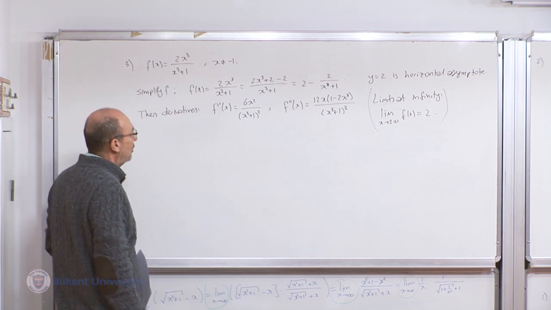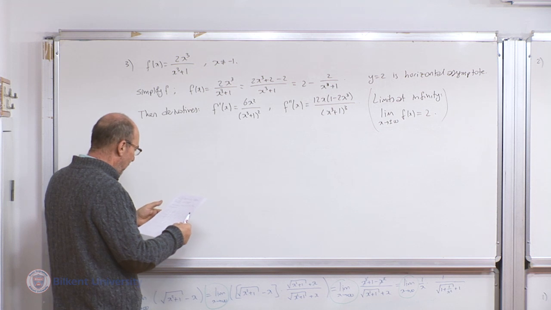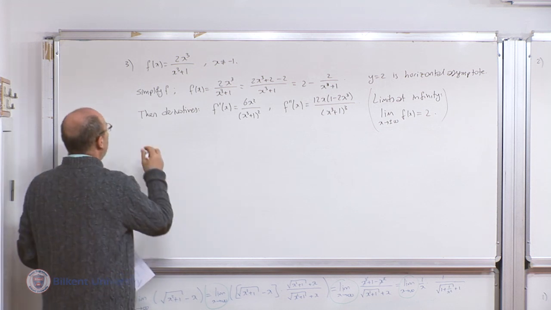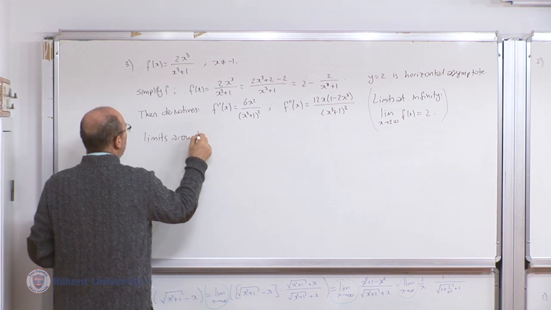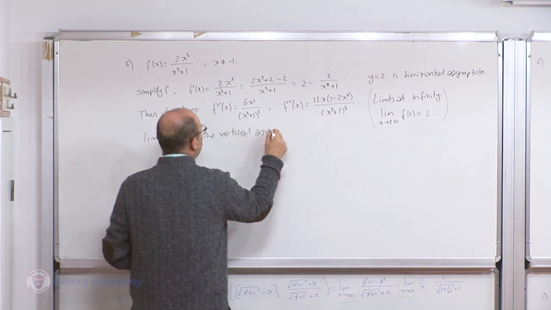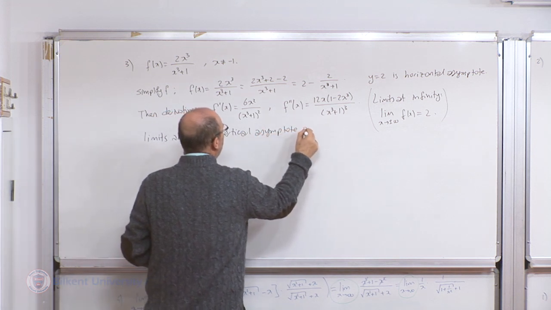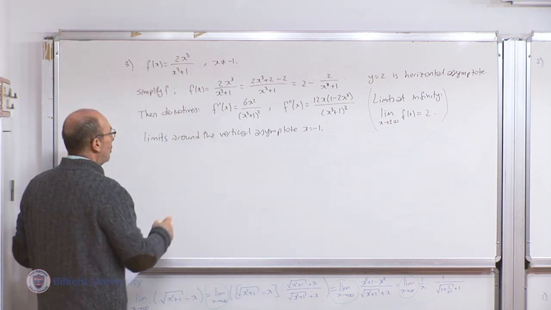So eventually we'll look at the limits around the vertical asymptote, x equals minus 1. You see that we have an asymptote there.